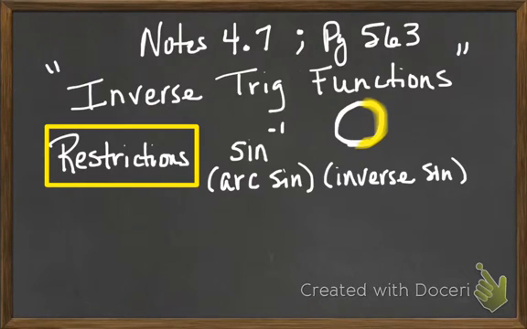When we do inverse cosine or arc cosine, which we're going to write as cosine to the -1, we are restricted to values at the top half of the unit circle. So we can only answer with values that are on the top half.